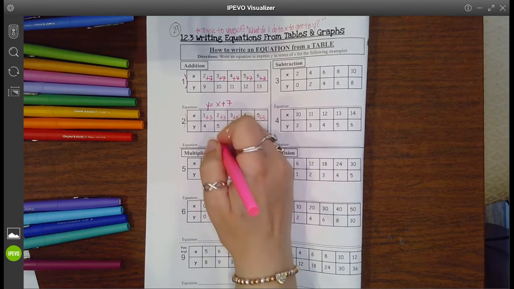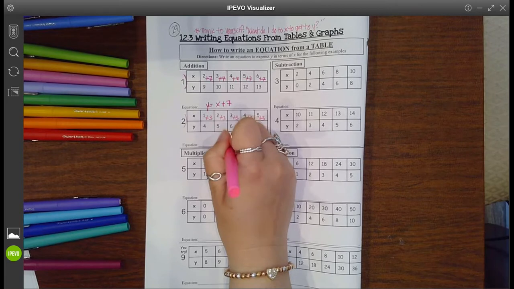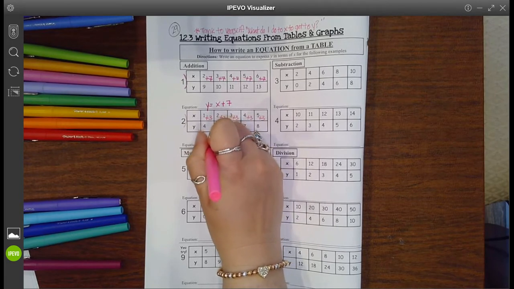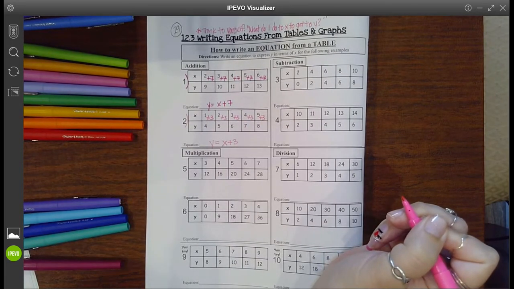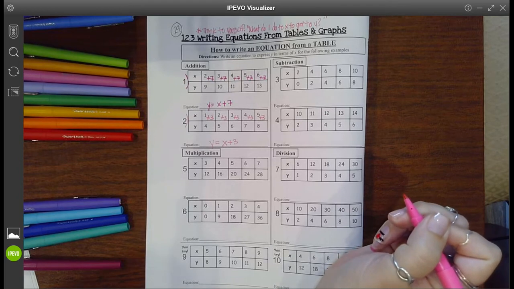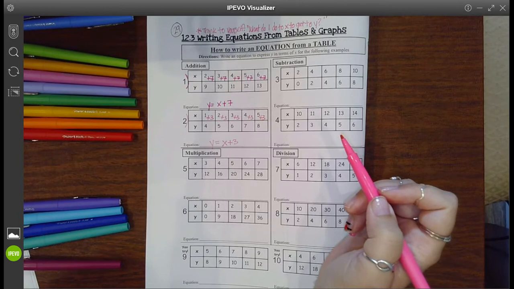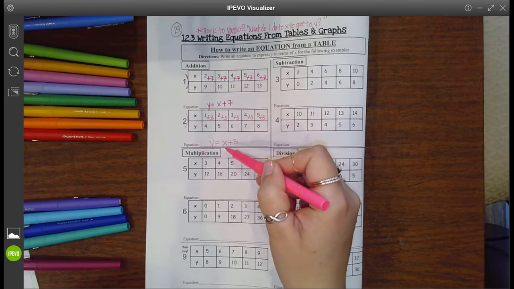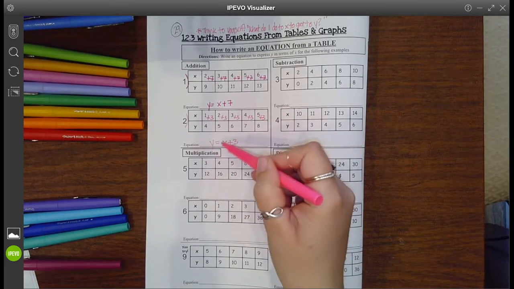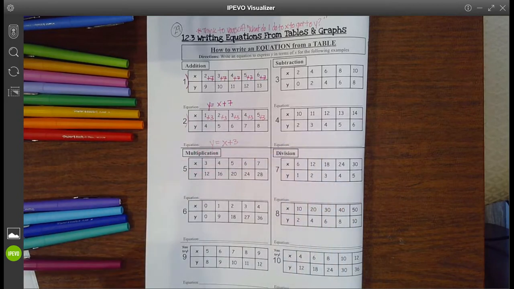So each time you took the x and added 3, and that gave you the y. So your equation would be y equals x plus 3. And that's what they mean when they say, please write it or express y in terms of x. So in terms of x, what are you doing to x to get y?